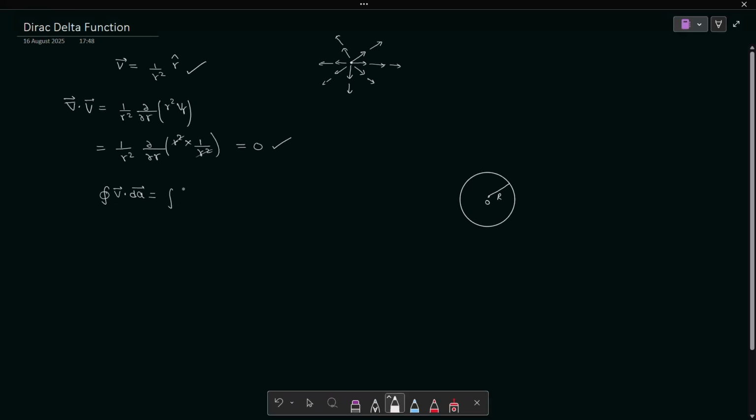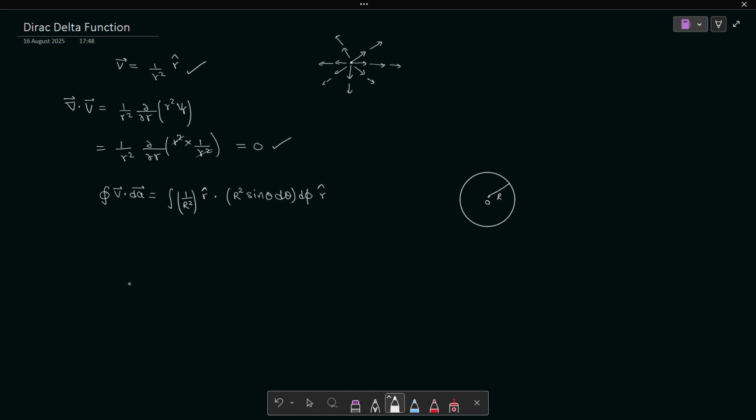Integral of this vector function, which will have this r square constant over the surface of this sphere, and then r hat dot, and then this dA vector. So this dA vector for a constant radius surface will be r square sine theta d theta d phi, and this will be along the r hat direction.